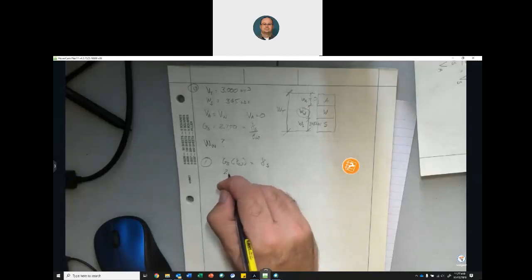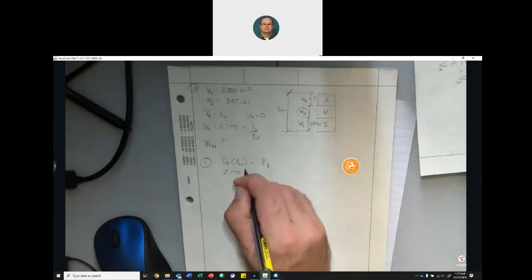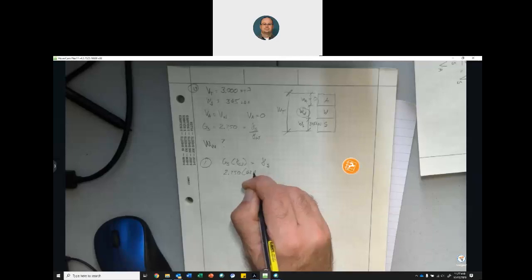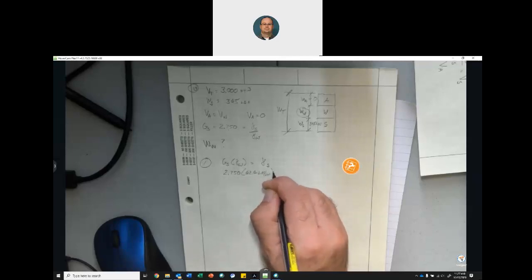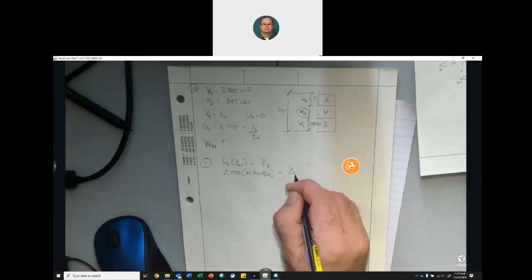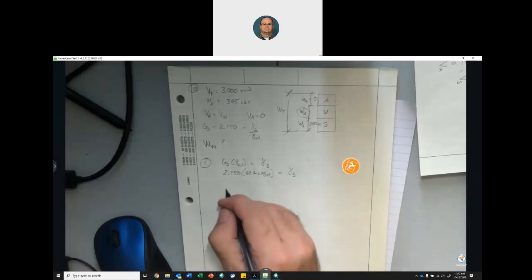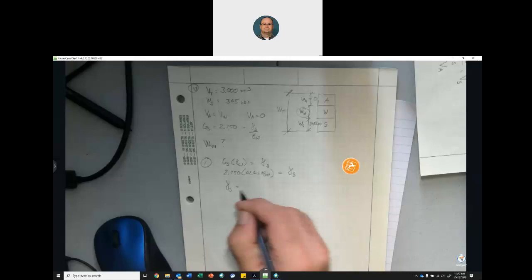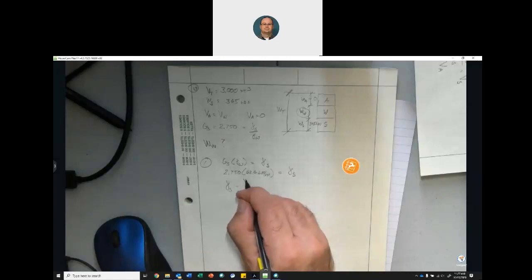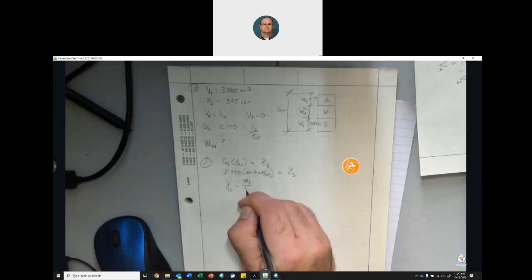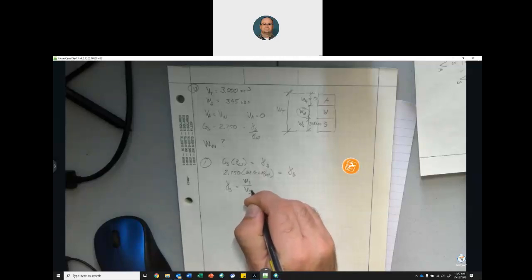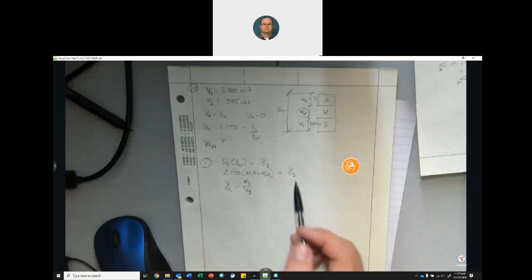So 2.750 times 62.4 pounds per cubic foot will equal my unit weight of solids. Okay? So now I know unit weight of solids equals weight of solids divided by volume of solids. All right?